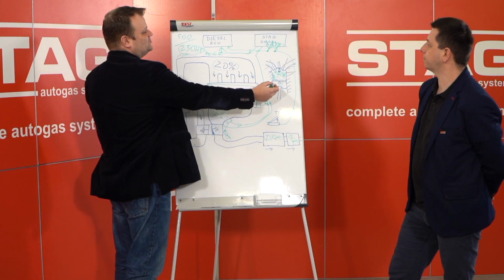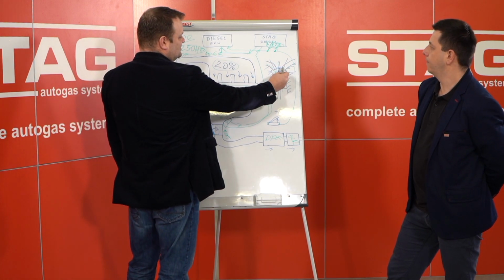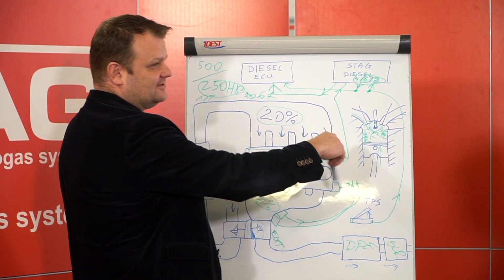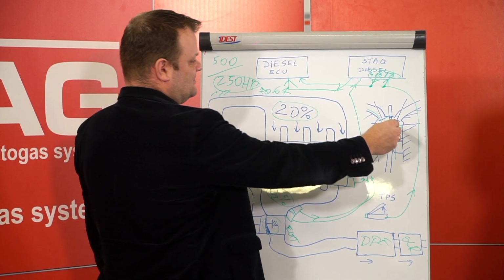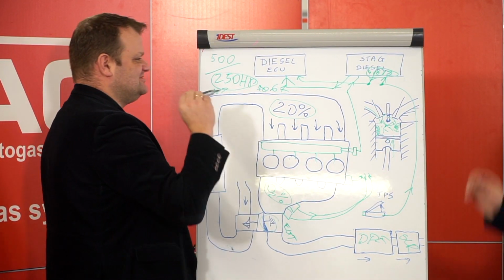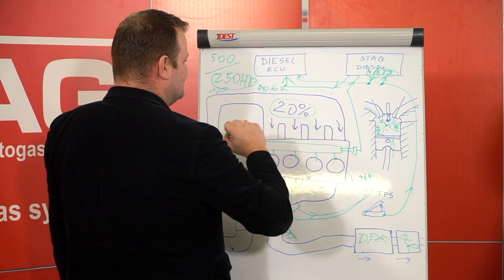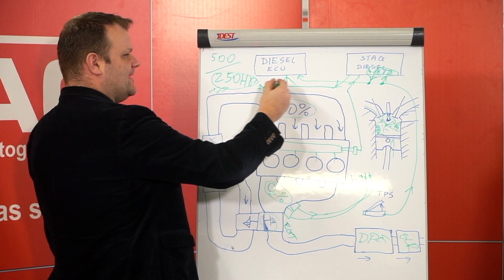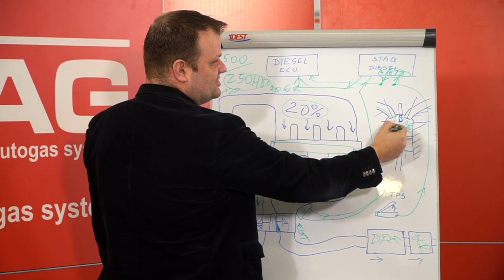Because as we talked about, there is a stratified and a homogenic mixture in the cylinder. This is important. So we need to prevent this situation. How to prevent it?